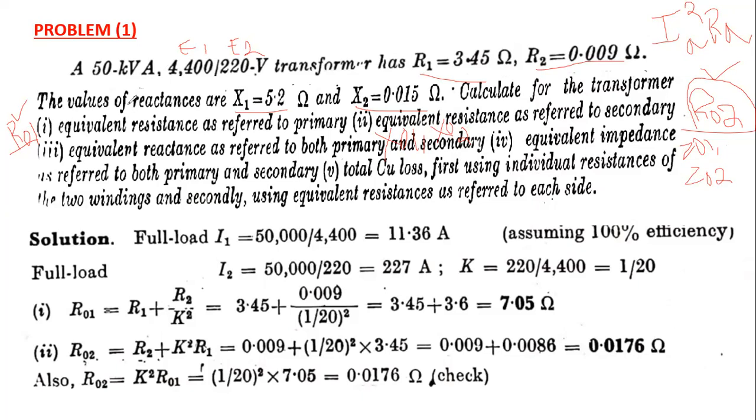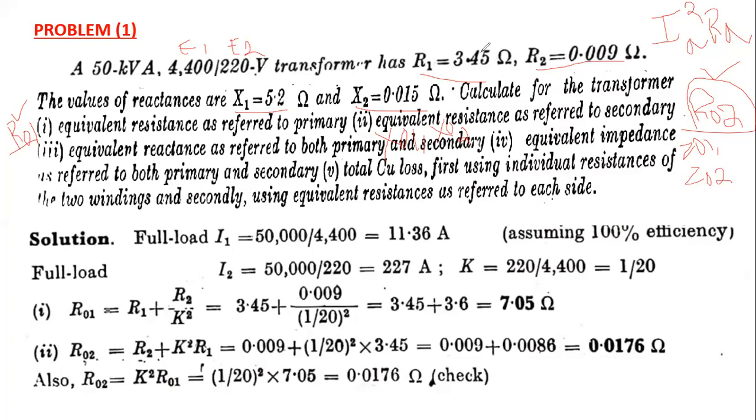What is the given data? The rating of the transformer is 50 kVA. V1 is equal to 4400 volts and V2 is equal to 220 volts.